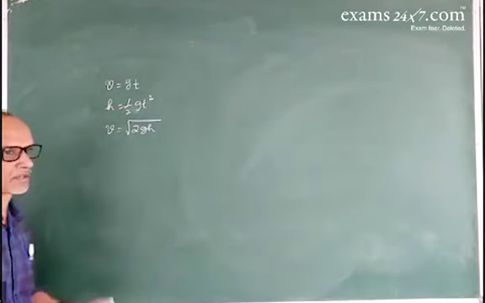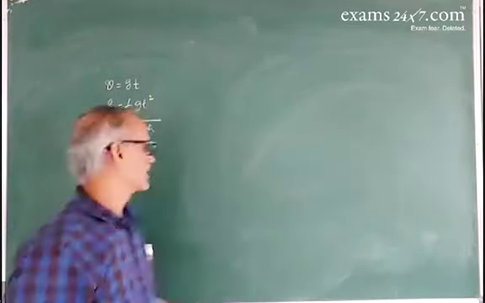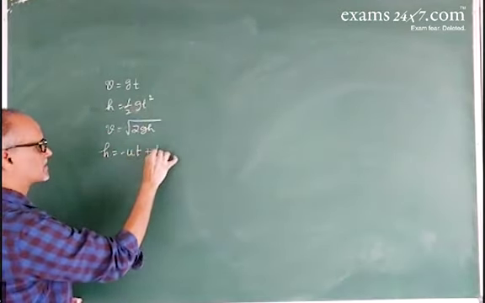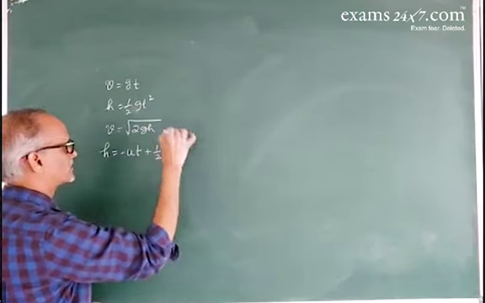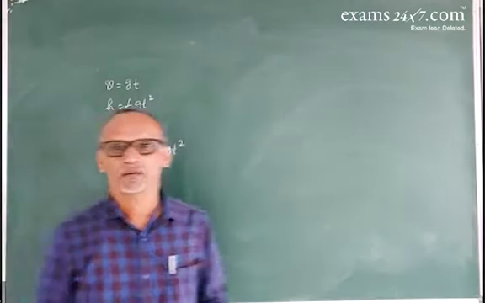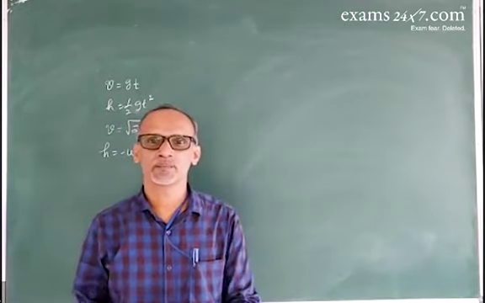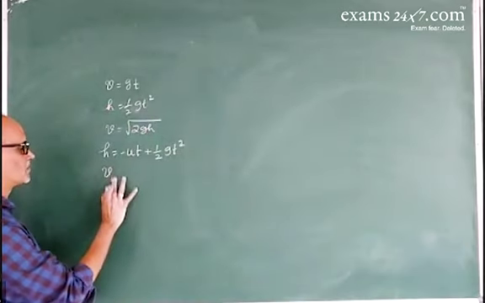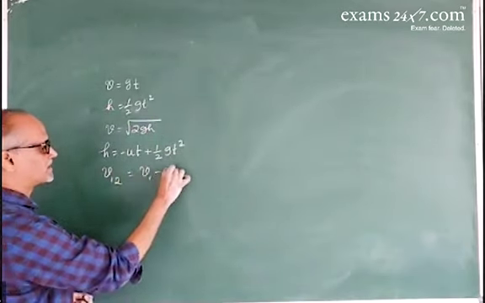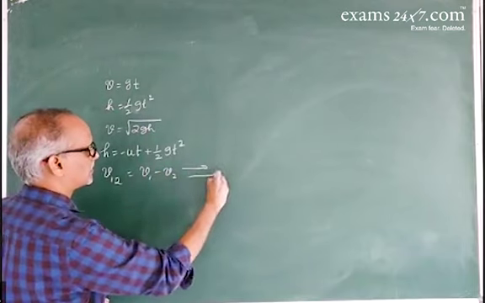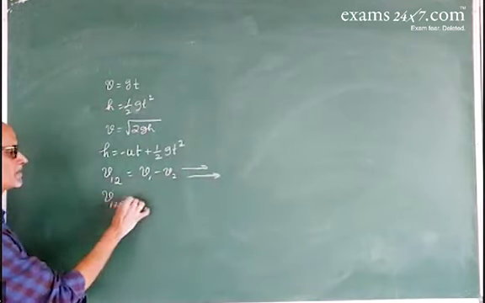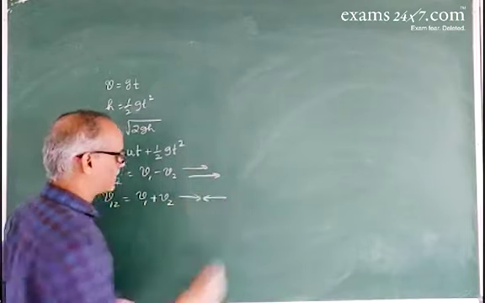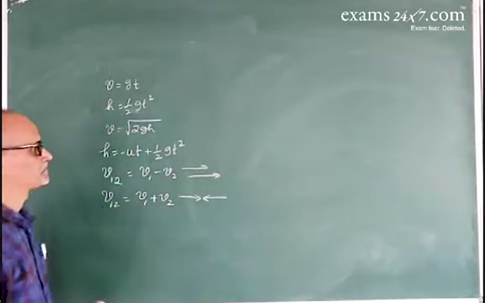And when a body is thrown from the top of the tower, the height is given by minus ut plus half gt square. If you want to measure the relative velocity of one body with respect to another, then v12 is equal to v1 minus v2 when they move along the same direction, and v12 is equal to v1 plus v2 if they move in the opposite direction.